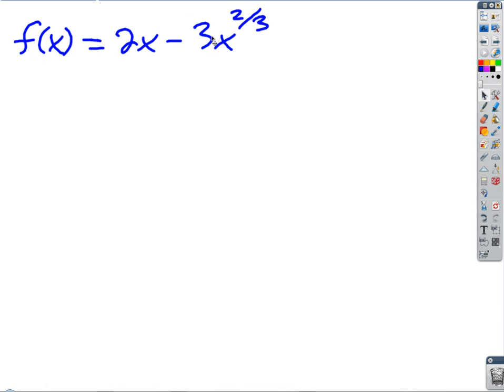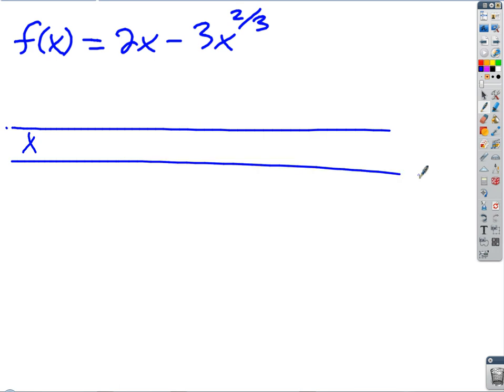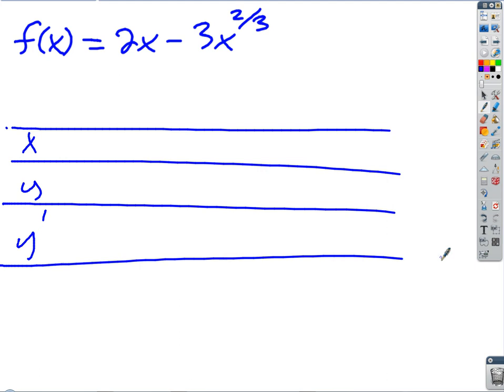If we make our little table, what was the interval? -1 to, remember? -1 to 3, okay. -1 to 3, and we've got critical numbers at 0, didn't we? And 1? Okay, and those were places.